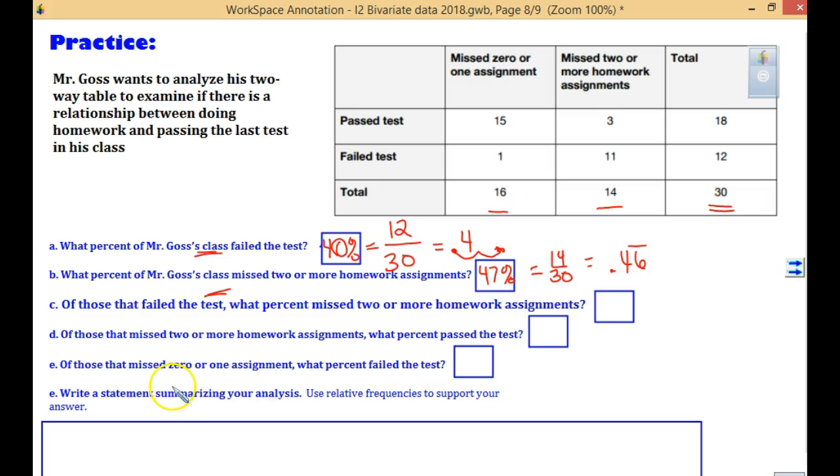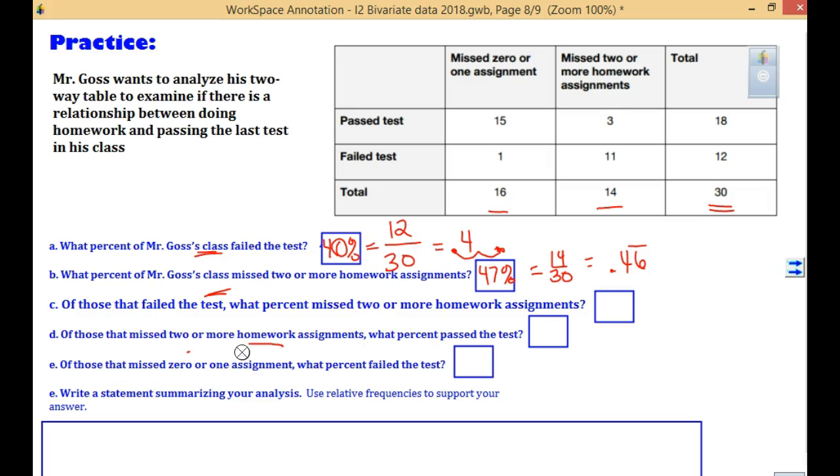The next one says, of those who missed 2 or more homework assignments. That is our column, which means that's going down. Missed 2 or more homework assignments. We need to divide by, if we are looking at this. So wait, careful.